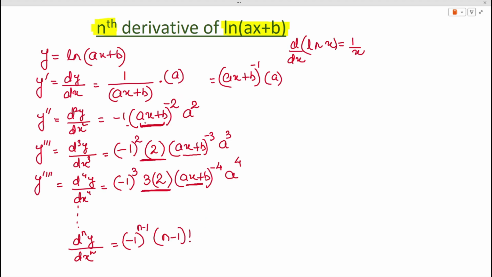Now, the term (ax + b) has the exponent -2 for the second derivative, exponent -3 for the third derivative. So for the nth derivative, it is going to be (ax + b) raised to the exponent -n. And the same thing for the exponent of a. For the fourth derivative, the exponent of a is 4. Third derivative, exponent of a is 3. So for the nth derivative, the exponent of a is going to be n.